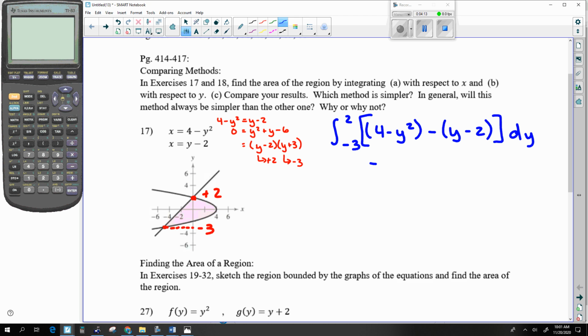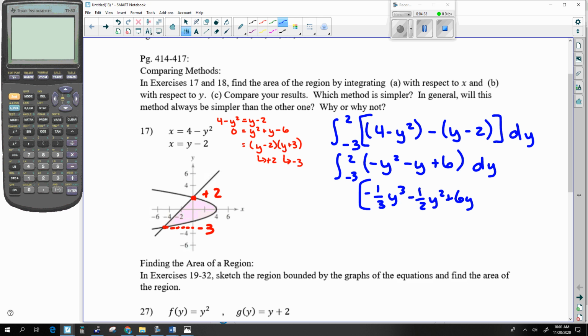All right, so this is negative y squared minus y plus 6. So this is negative 1/3 y to the third minus 1/2 y squared plus 6y, going from negative 3 to positive 2.